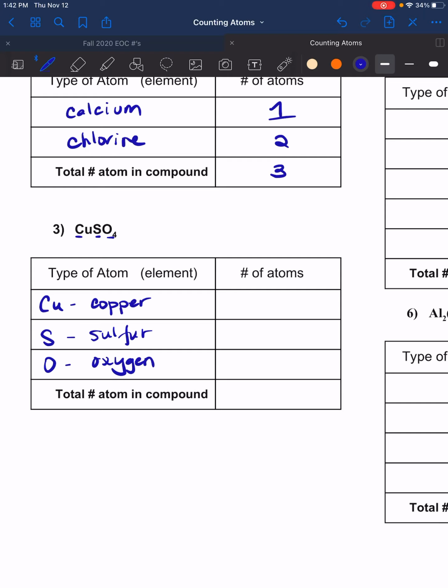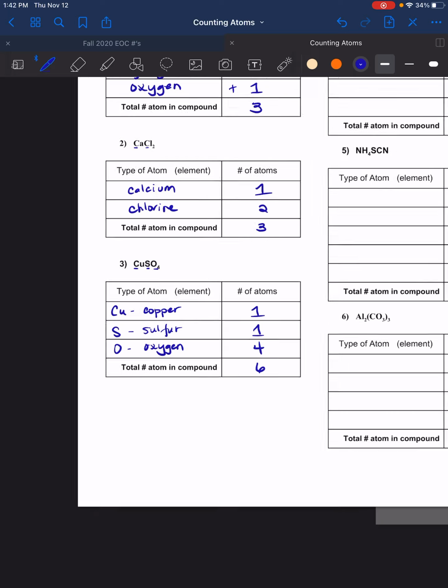Copper has no number attached to it, therefore it's a 1. The sulfur has no number or subscript attached, so it's a 1. The oxygen does have a number, it's a 4. So now we've accounted for the elements and the number of them, and we can simply add them together to get that 1 molecule of CuSO4 has 6 atoms.